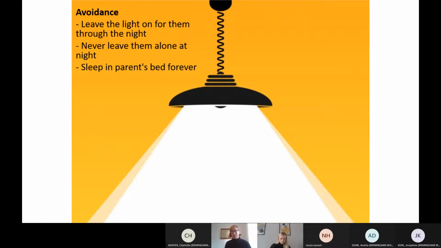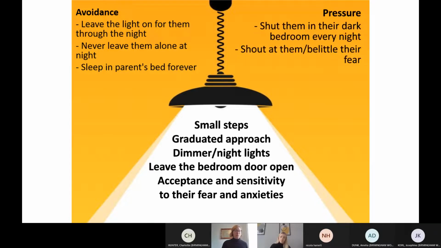but it just means that the issue carries on forever and the child never is encouraged or supported to work through their anxiety. You could also put loads of pressure on them, so you could just shut them in their dark bedroom every night, or shout at them, or belittle their fear, so mock them for being scared, and make it clear they're not going to get any sympathy from you, which obviously is not the right way to go either.